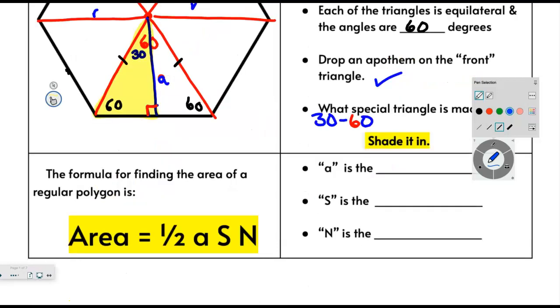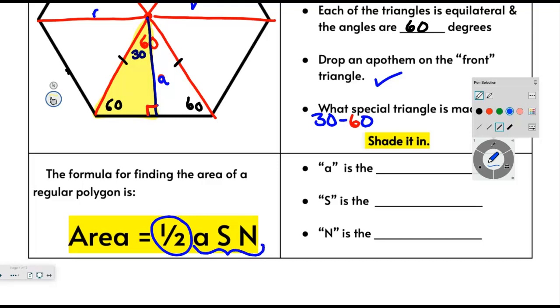So next up at the bottom of the page, well, how do we find the area of this? Well, it's kind of an advanced process, but for this first part, it's not going to be too bad. Our formula for the area is that we do 1/2, and then we have 3 ingredients that we need, 3 variables.